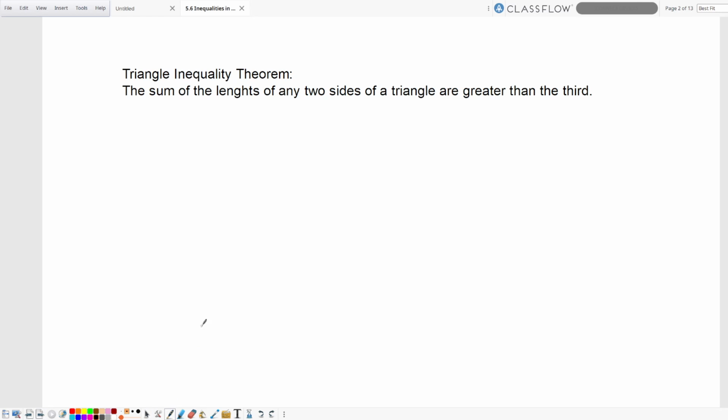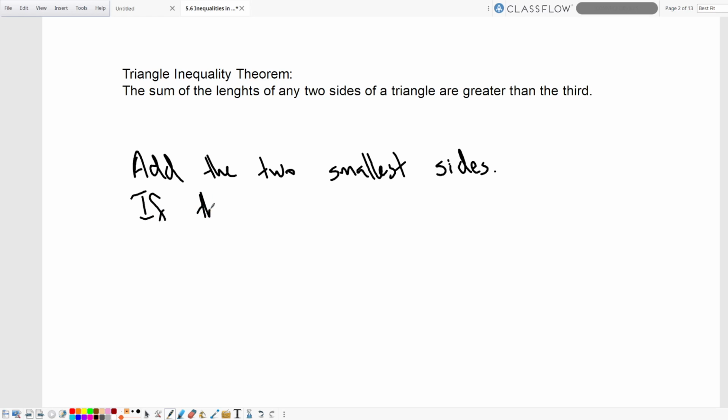So, a more simplistic version of this would be: add the two smallest sides, and if they are larger than the longest side, you can form a triangle.